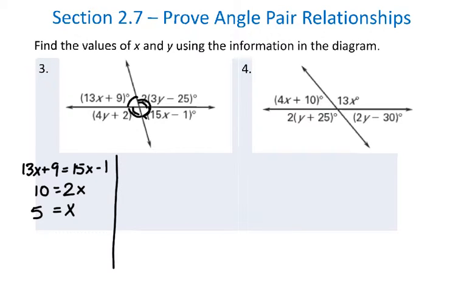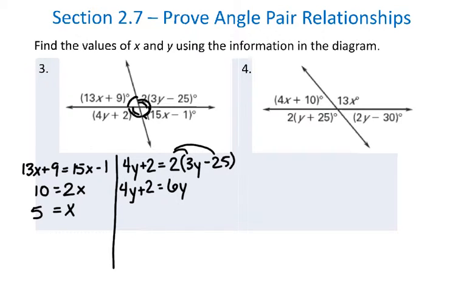Now, let's do the same for y. We can say 4y plus 2 is equal to 2 times 3y minus 25. Now, using your distributive property, we get 4y plus 2 equals 6y minus 50.